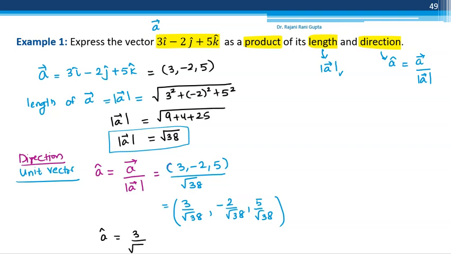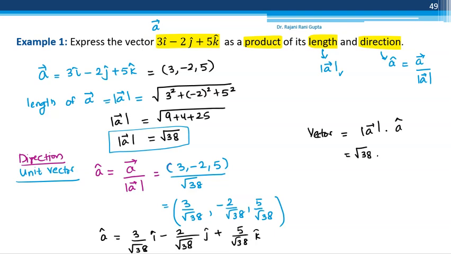You can express it in vector notation as 3 over root 38 i minus 2 over root 38 j plus 5 over root 38 k. Now, expressing your vector as a product of its length and direction. So what is it? Root 38 times this vector.